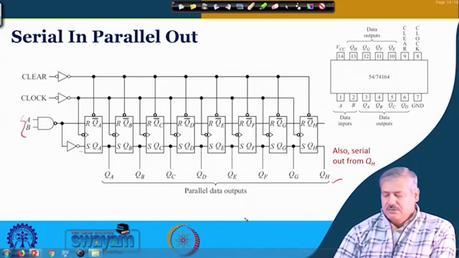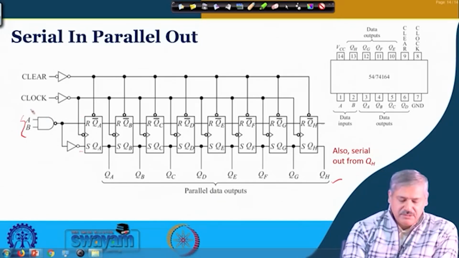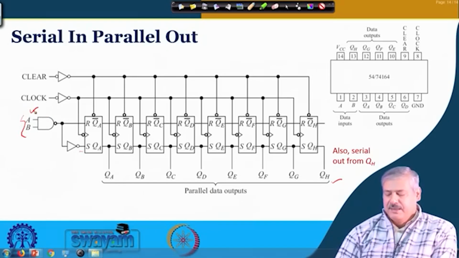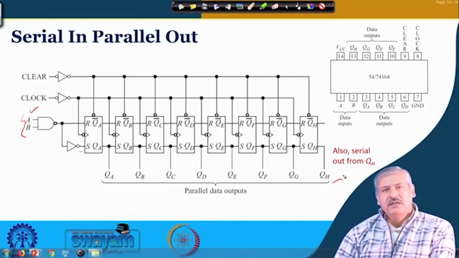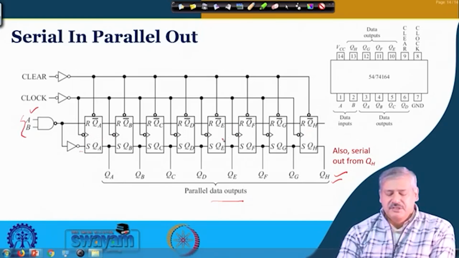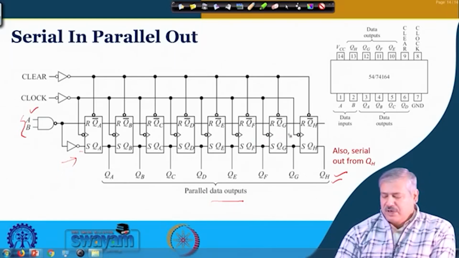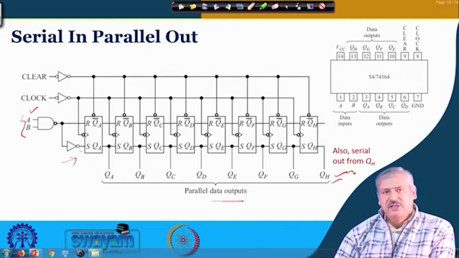Now you can understand that while this is your serial in, through one of them, you can read the data out other than parallel data output through QH also as a serial data out, because it is internally connected as a shift register, one feeding the other. If you keep triggering the clock, whatever is QH is immediately available. After that, QG will become available here.